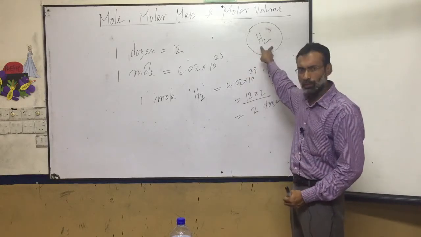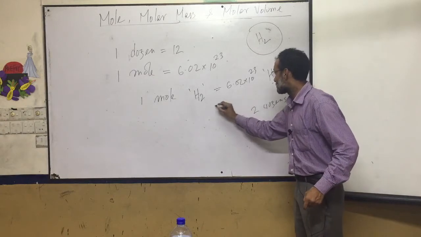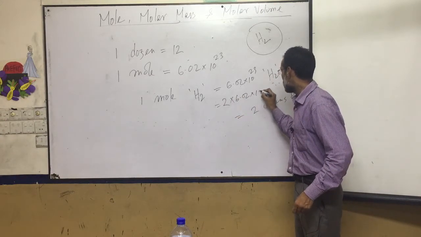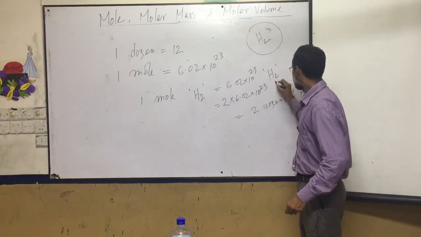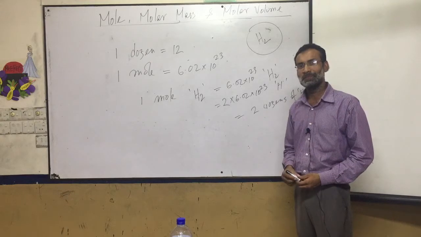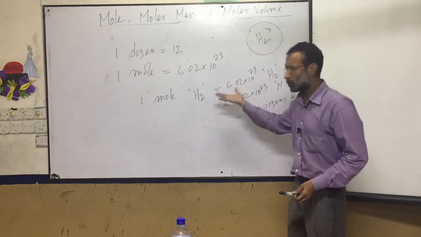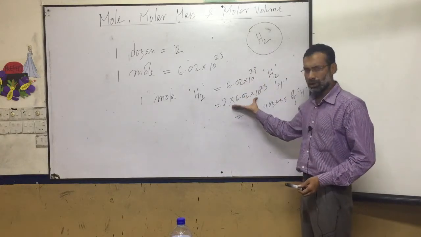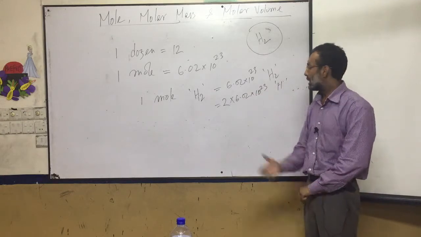If there are 2 atoms in one molecule, then you will surely get double the number of atoms. 2 times 6.02 times 10 to the power 23 atoms. That means 1 mole of hydrogen molecules has double this number of hydrogen atoms.